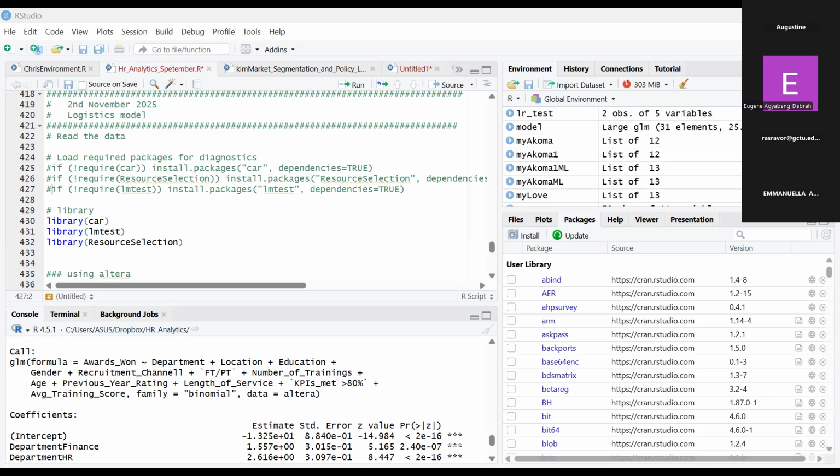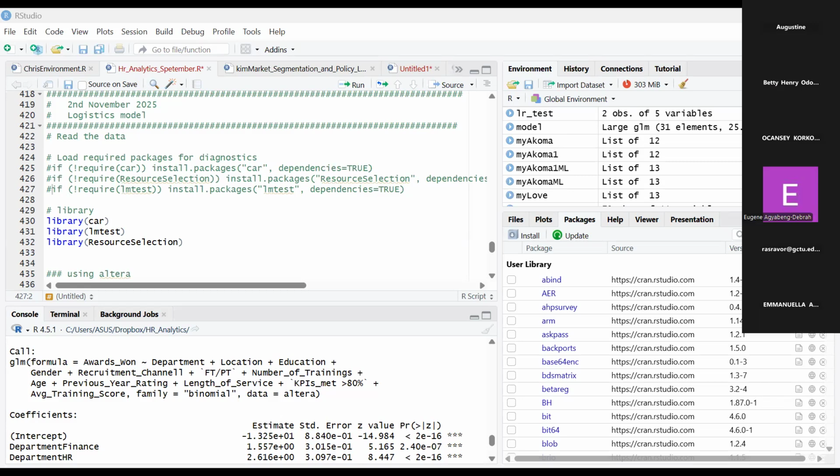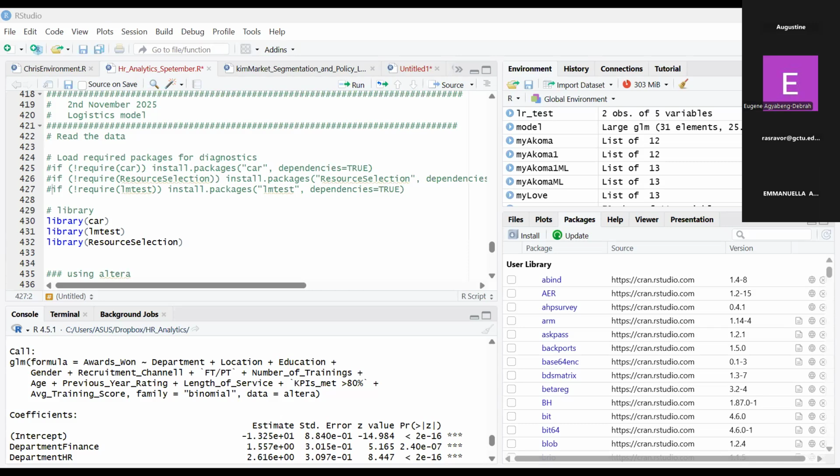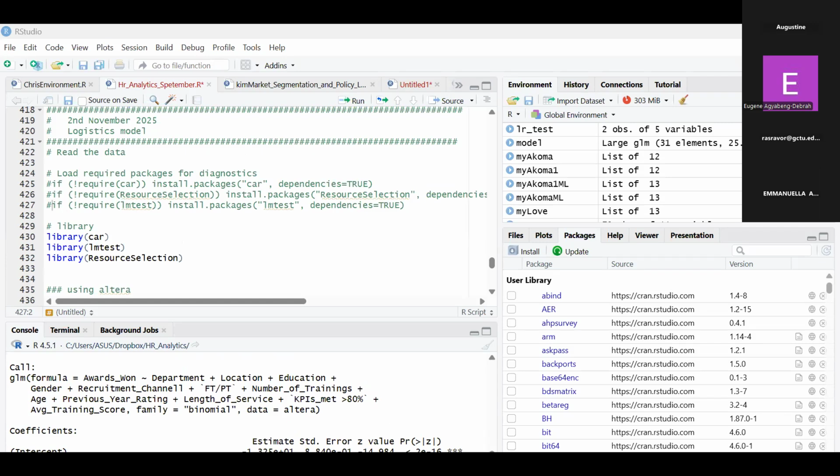After everything, I realized that awards one was one, even with model 1 and model 2, it was still giving me 1. So it means that no matter what happens, the person is going to get at least 1 award. That's what I know about it.